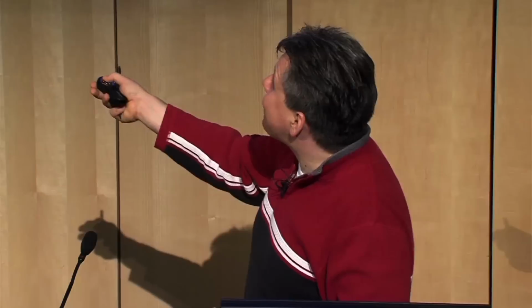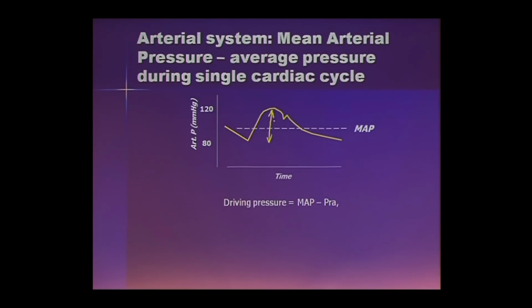Does anybody remember what I said about the pressure in the right atrium? What the numbers are there? Really low, close to 0. For all practical purposes, let's call it 0, because it simplifies our life, although it's more like 2, 3, 4, thereabouts. So the driving pressure is mean arterial pressure minus pressure in the right atrium.